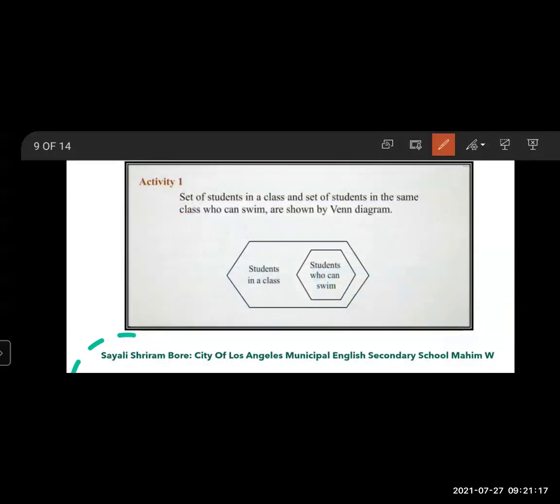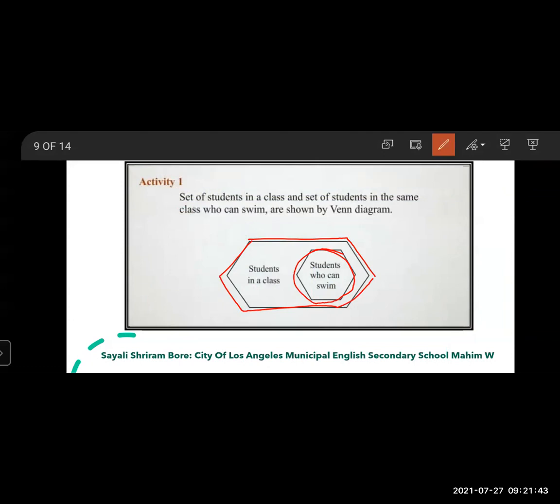Now your set of students in the class, this is the bigger set, which is your class. Okay, and from your class there are some students who can swim. Keep in mind this example, students, because we are going to use this example in our next topic. Okay, that is the subset.